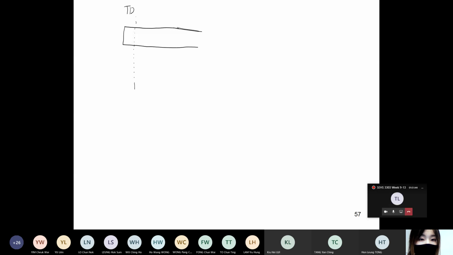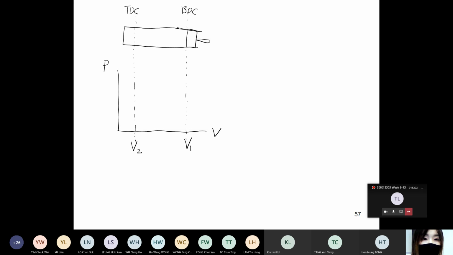This is top dead center. This is bottom dead center. Here we have a piston. Here we have V1. This should be V2. For this PV diagram, the x-axis should be V. P should be the y-axis.